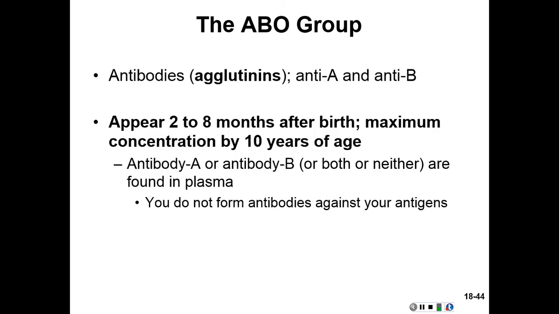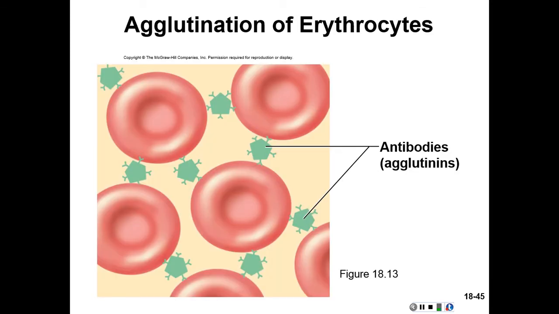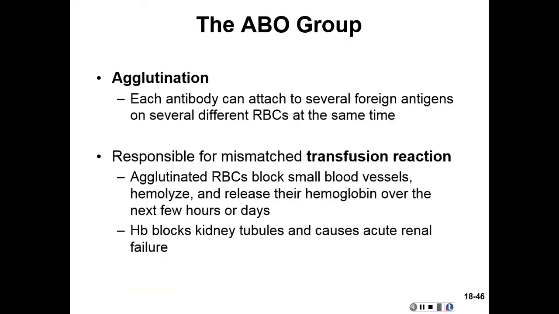Alright, so again, the anti-A and anti-B antibodies appear about the second month after birth. The concentration is at its maximum adult rate about age 10. Antibody A or B or both or neither are found in the plasma. These are antibodies that interact with the agglutinogens and cause the clumping of the red blood cells.